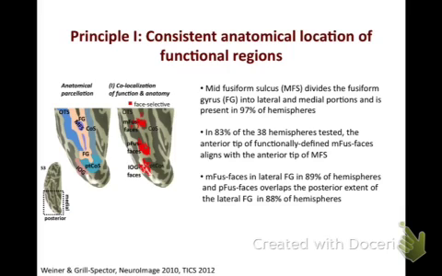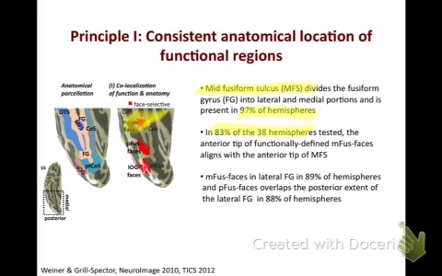So first of all, if you consider the mid-fusiform sulcus, it always divides the fusiform into lateral and medial portions, and you can find it in 97% of the hemispheres. And you could ask, how good is this as a predictor of function? In fact, in 83% of hemispheres, and we're talking about 83 out of 38 hemispheres, if you look for the anterior tip of this mid-fusiform sulcus, it's going to align with an anterior tip of the functional activation, the mFus faces.